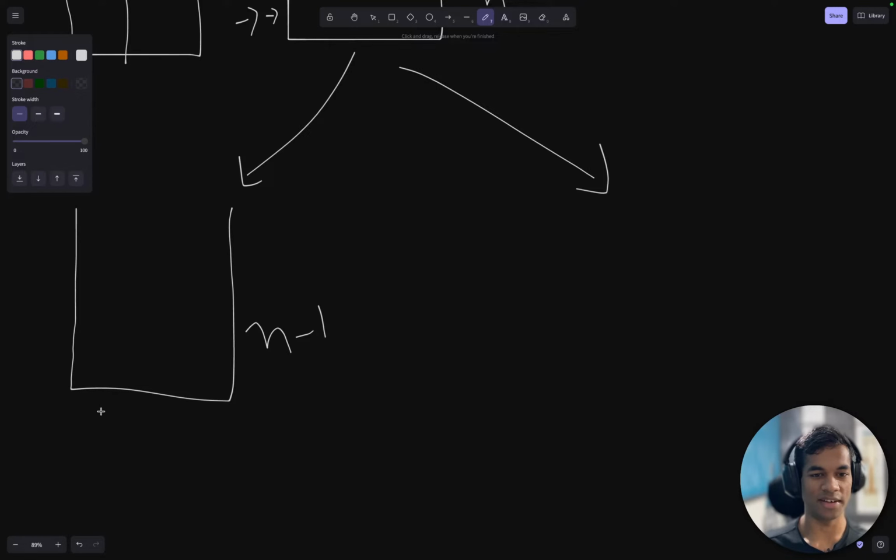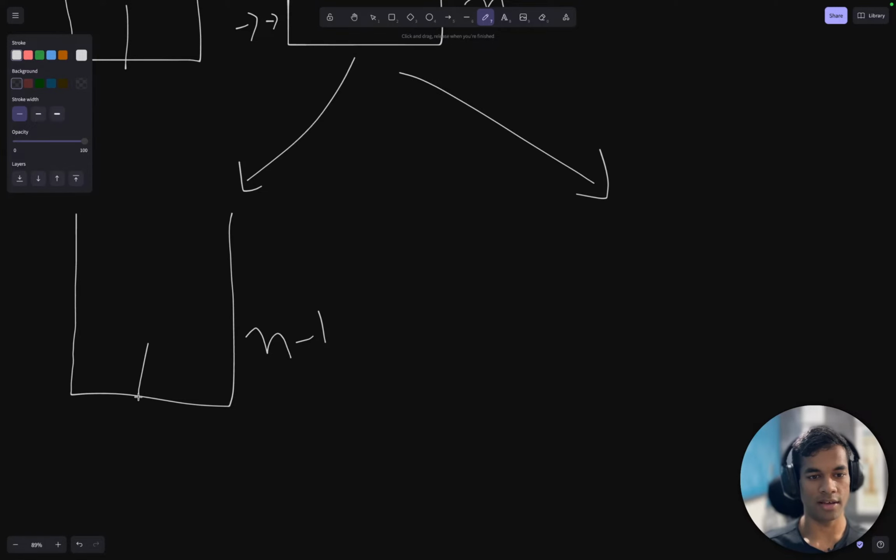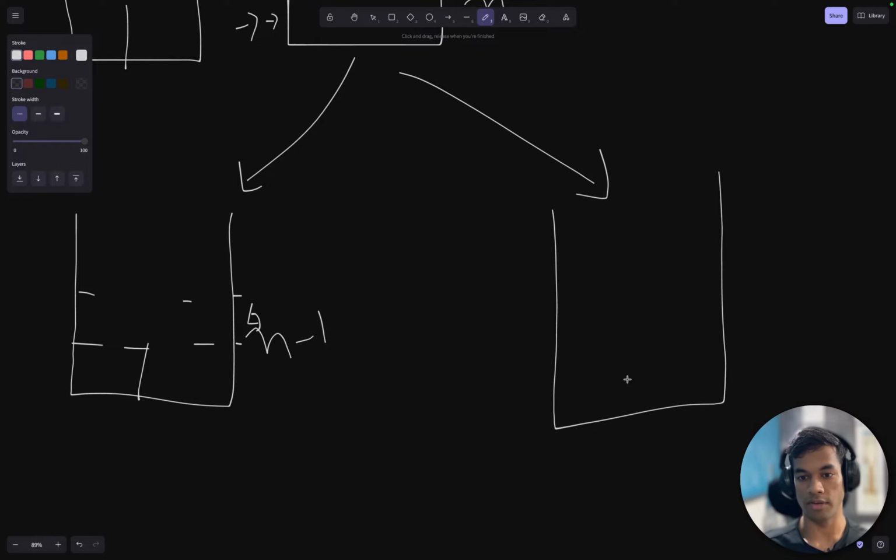So in one choice, I do here, and now my n minus one row is this one above. And either I don't do anything here, and now my n minus one row looks like this.